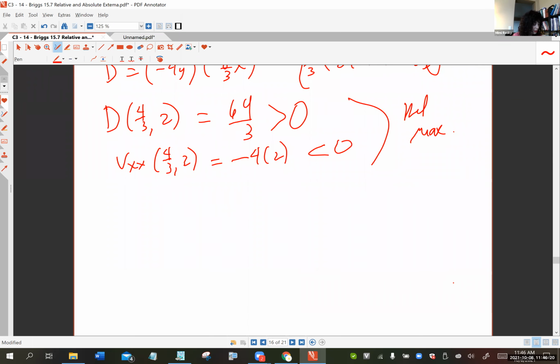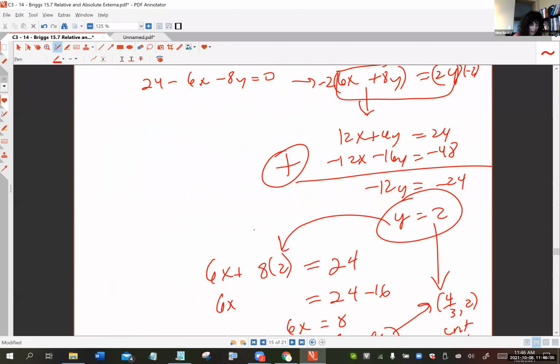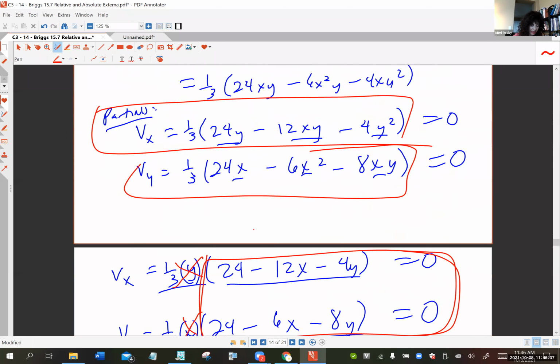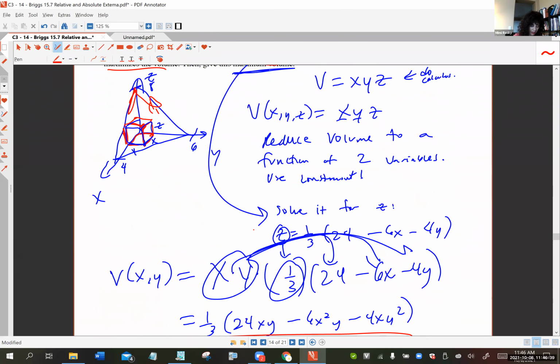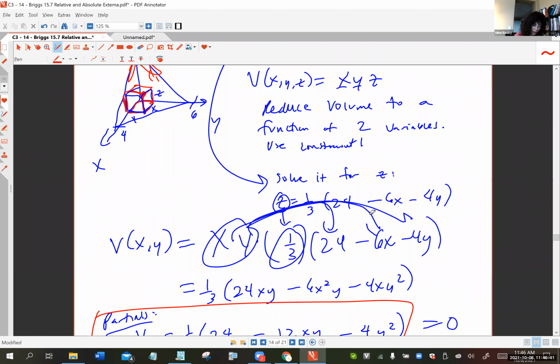So now go give the dimensions. So you have that x is 4/3, y is 2. You need to go get your z. So how do you get your z? Remember that z had to be fulfilling the constraint. So remember when we solved for z way back here?